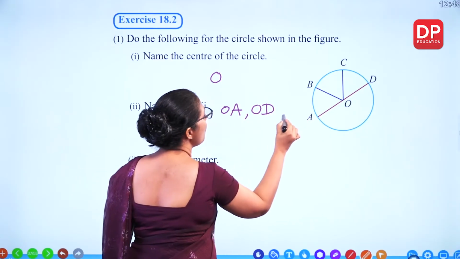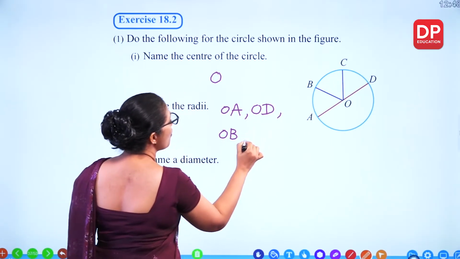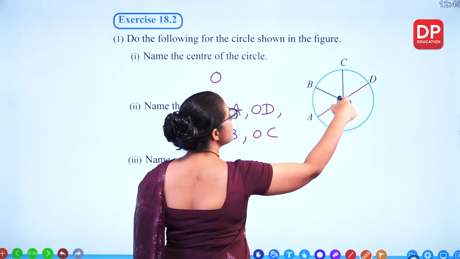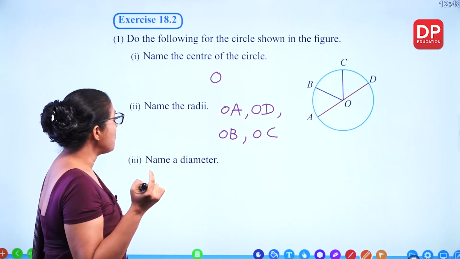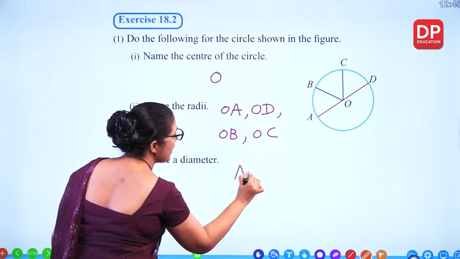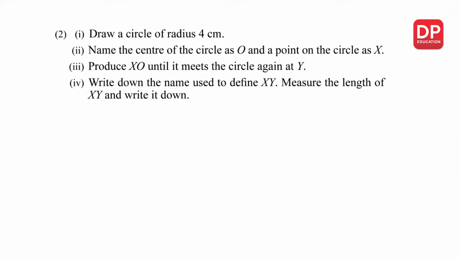This one. OB, OC, OA, OB, OC, OD. All radii. Name a diameter passing through the center. AD is the diameter.